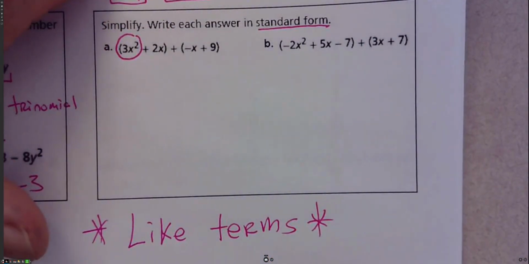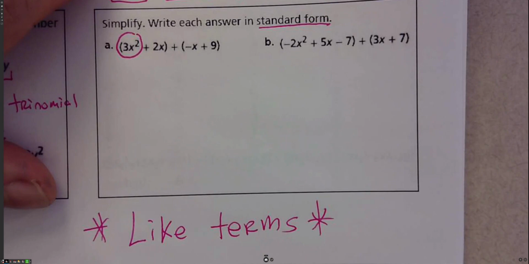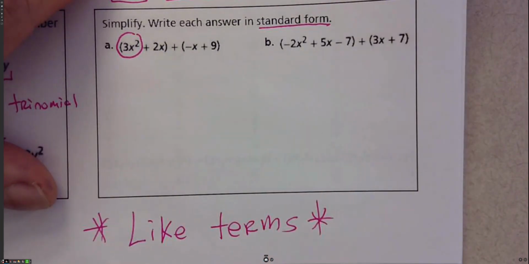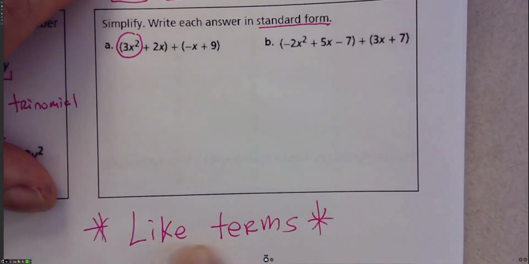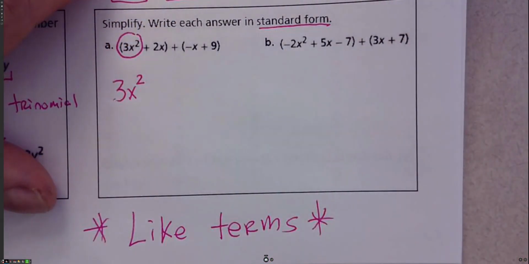Are there any other 3x squared or any other x squareds? Yeah, the 2x, right? Nope. Aren't they all to the second? Or all to the first? Well, these two are. So there are no other x squareds. So that has nothing. There are no other like terms. So that means we get 3x squared.